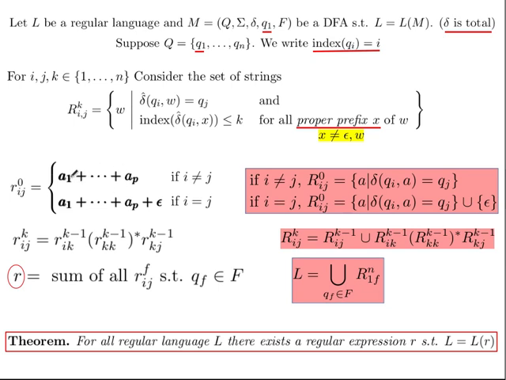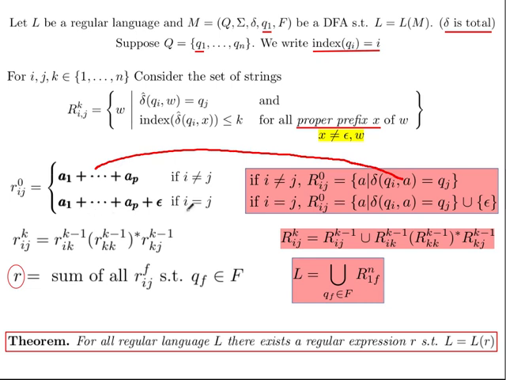So you take the plus of all such a_i such that the symbol satisfies this condition: from Qi you have a single transition to Qj. So any symbol here must appear here.